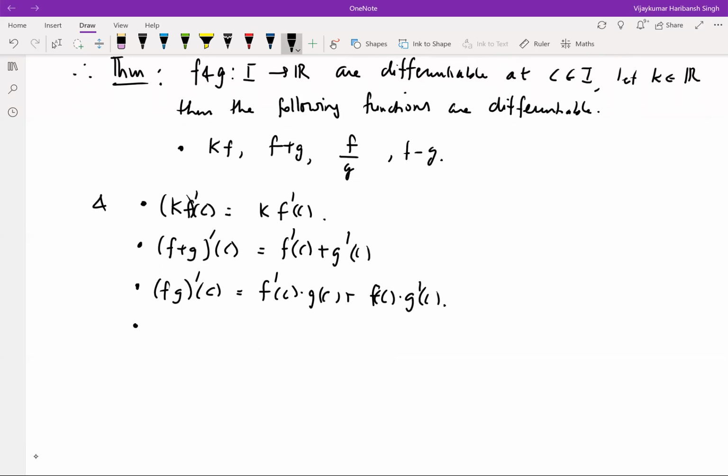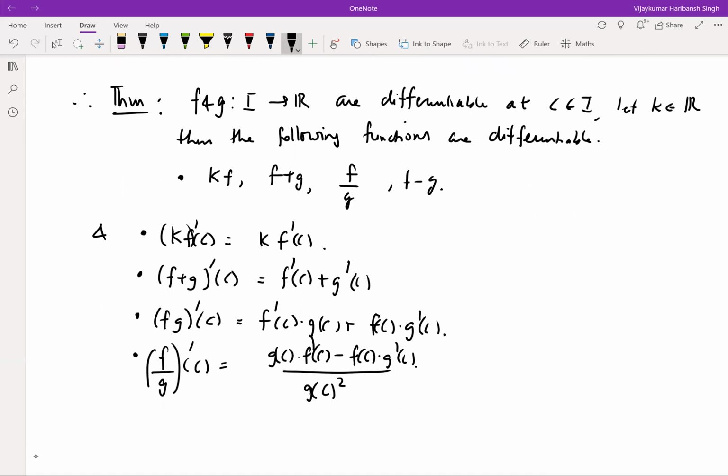Then f by g prime of c is g of c times f prime c minus f of c times g prime of c, over g of c squared. Of course, the extra condition we need here is that g of c is non-zero. So these are the formulas for differentiability.